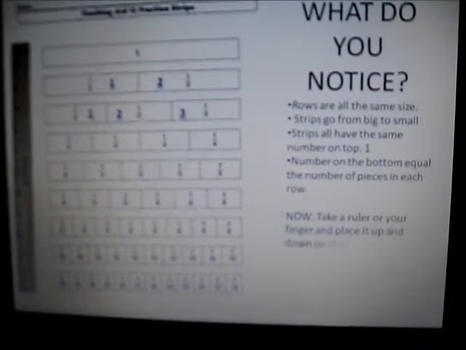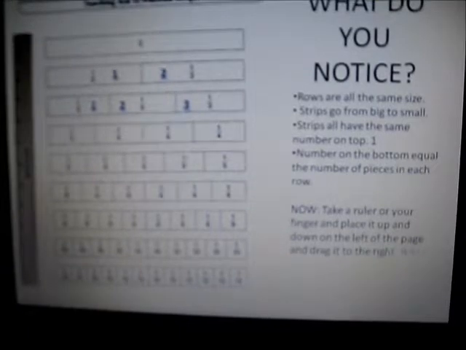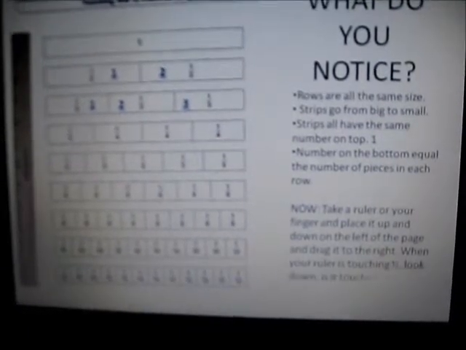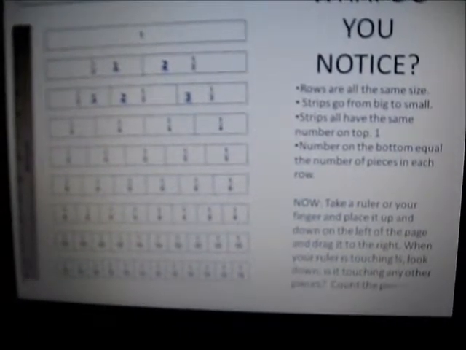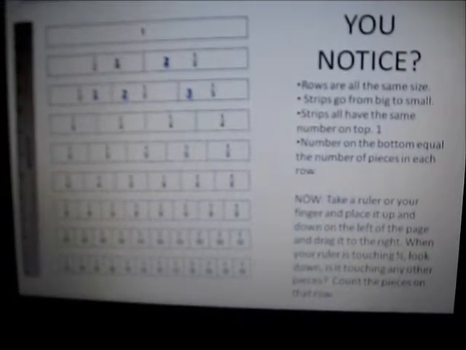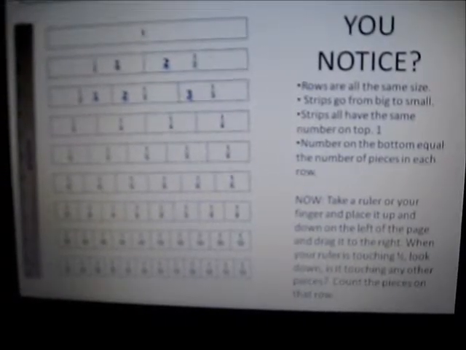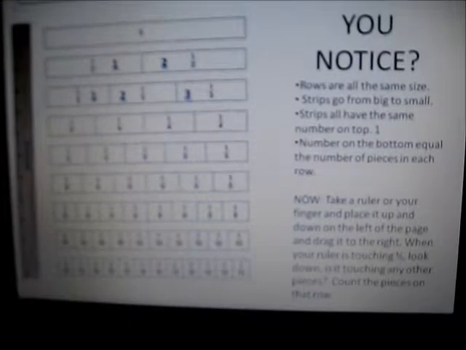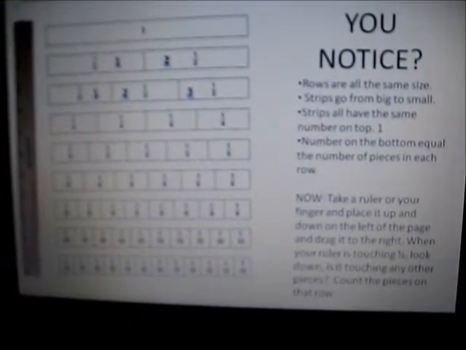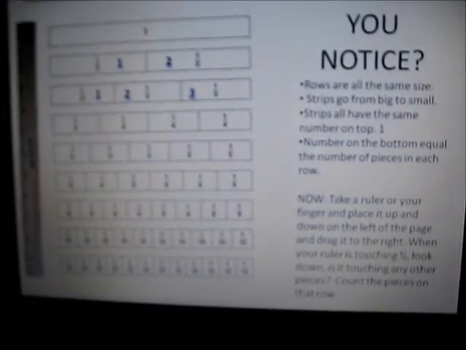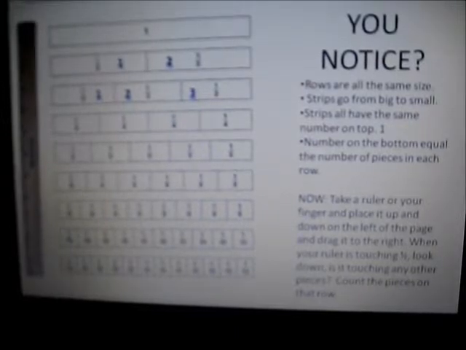Now, take a ruler or your finger and place it up and down, or vertically, on the left of the page and drag it to the right. When your ruler is touching 1/2, look down. Is it touching any other pieces? Count the pieces in that row.